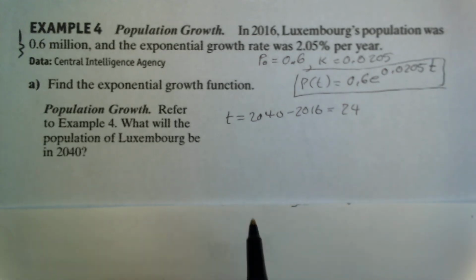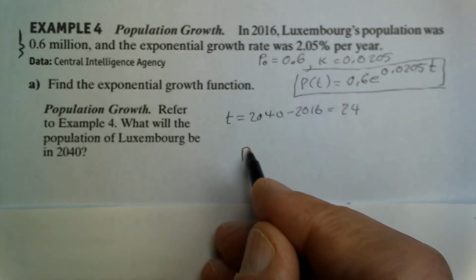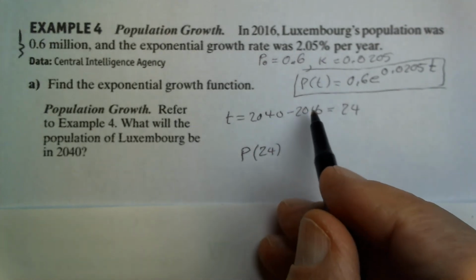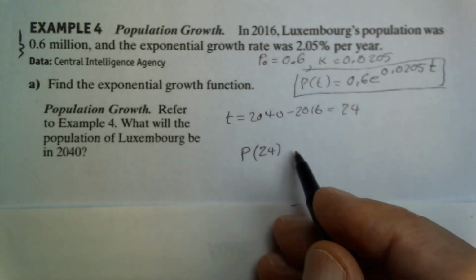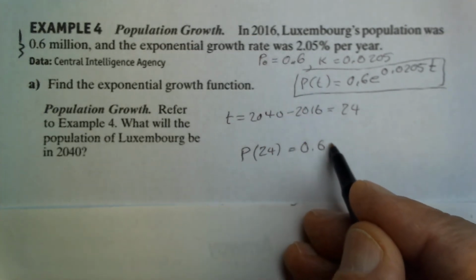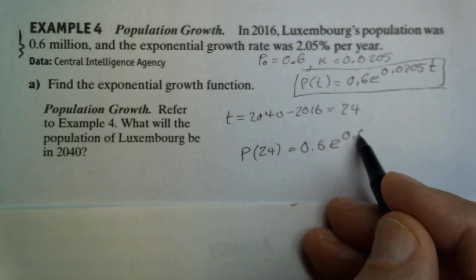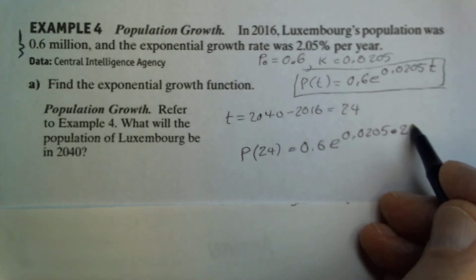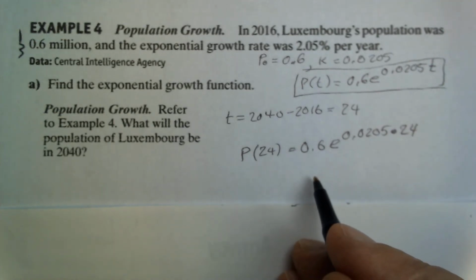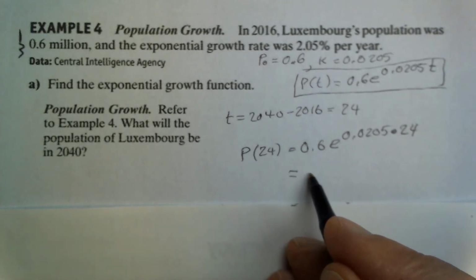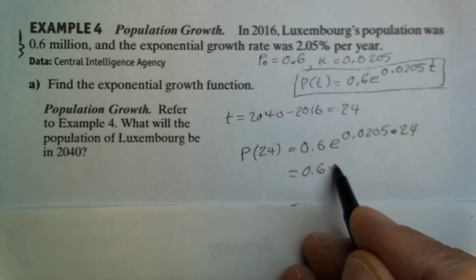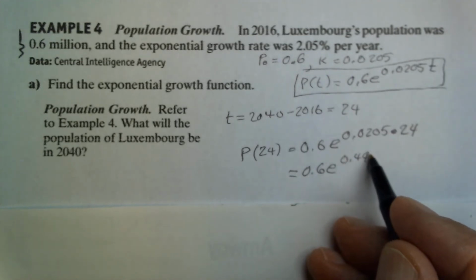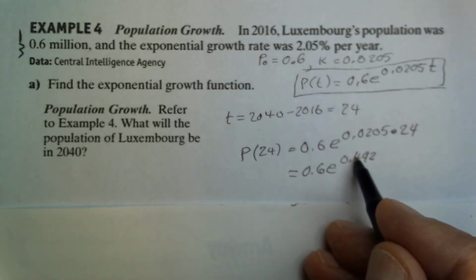So then we have the population 24 years after t sub 0 at 2016 equals 0.6 e to the 0.0205 times 24. So that's 0.6 e to the 0.492. And now we look this up on our scientific calculator.